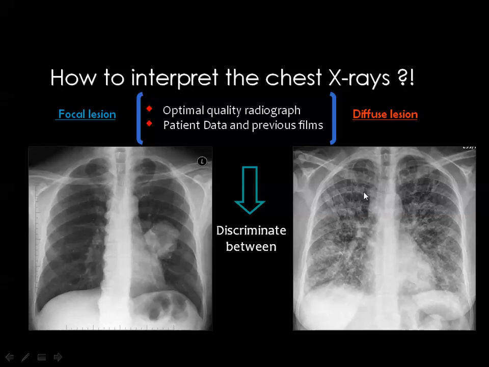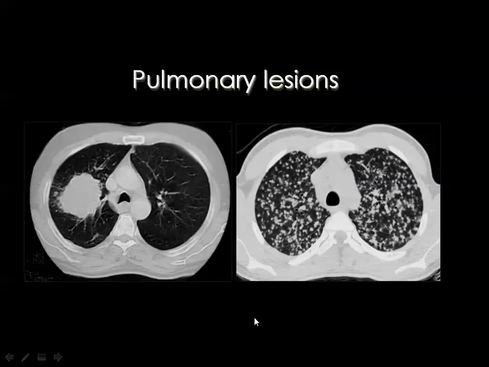By diffuse lung disease, we mean that we have an extensive pathology involving most of the pulmonary parenchyma in both lung fields. This is the difference between a focal lung lesion by CT and diffuse lung disease by CT scan.